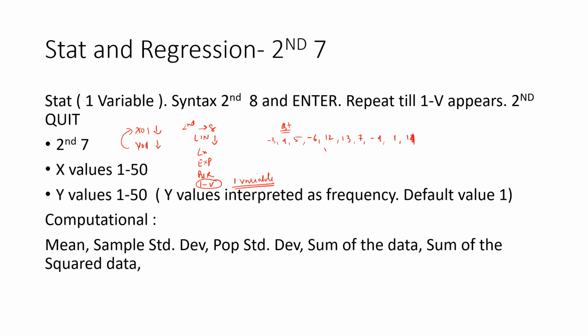So these are 10 values. After giving these 10 values, a problem might ask you to calculate the mean, or the standard deviation, or the standard deviation considering that they are a sample and not a population. One way is to do it physically: add each number and find the mean, then compute xi minus x bar squared, sum it, and divide by n for population, or by n minus 1 for sample. Then take the square root and that gives the standard deviation.